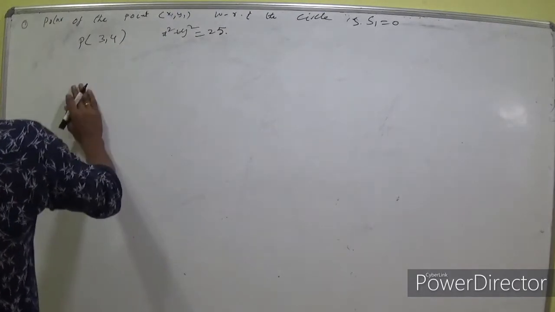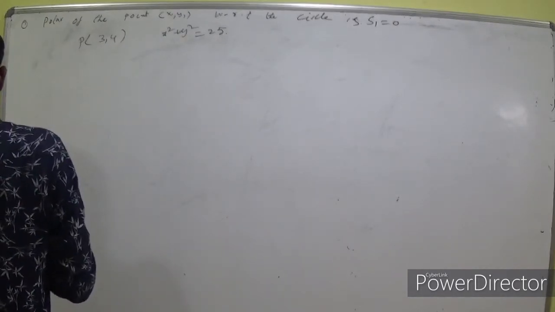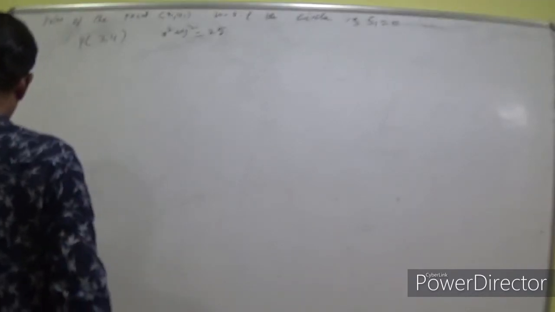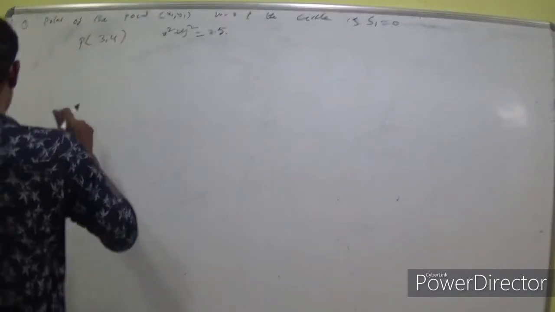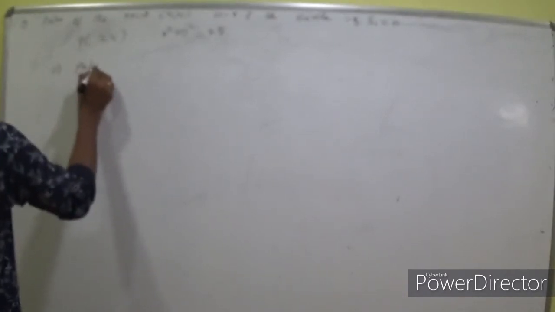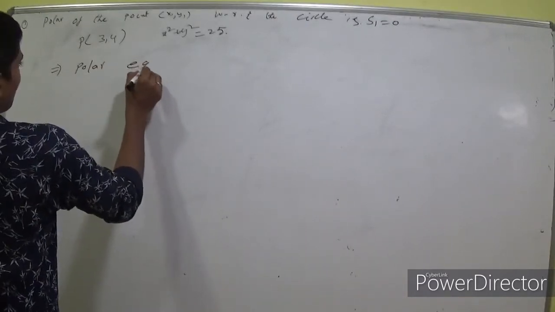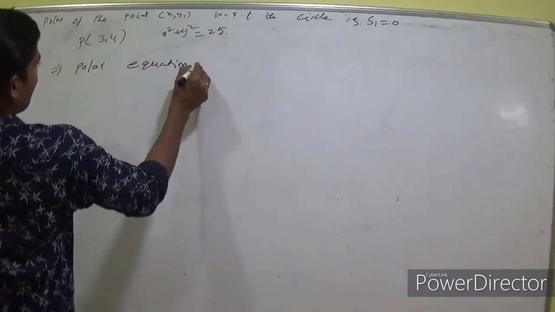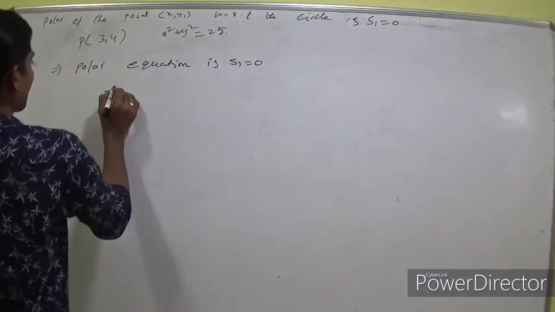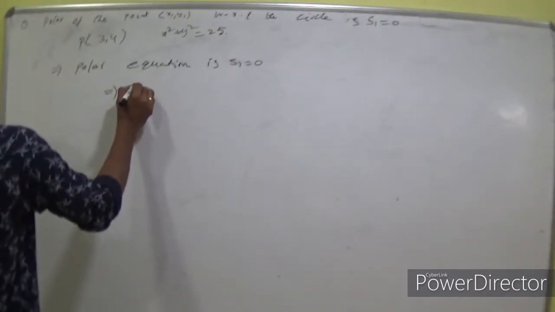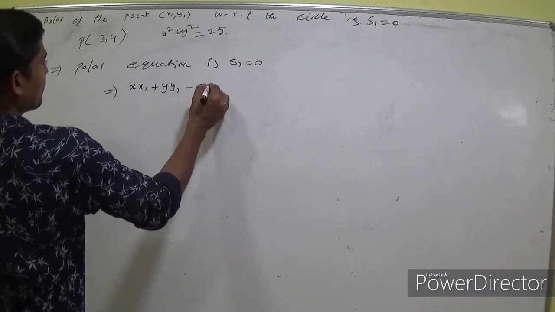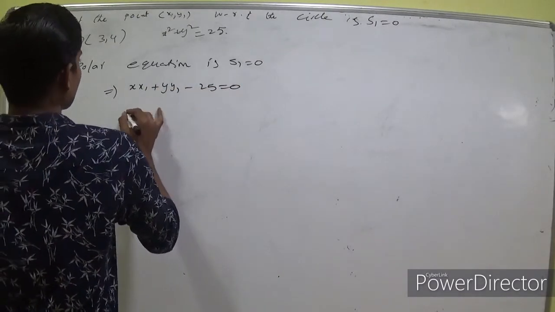So the polar equation is S1 equal to 0. That implies x x1 plus y y1 minus 25 equal to 0.